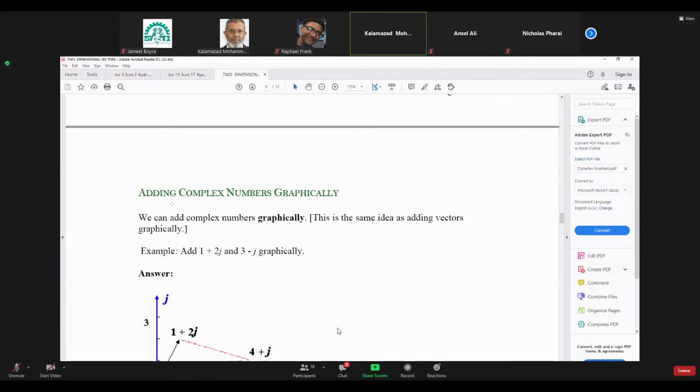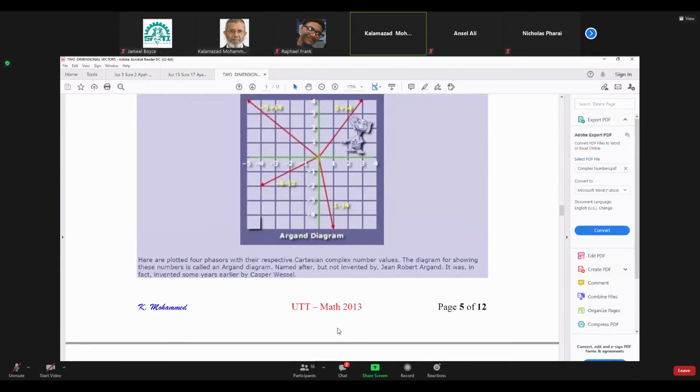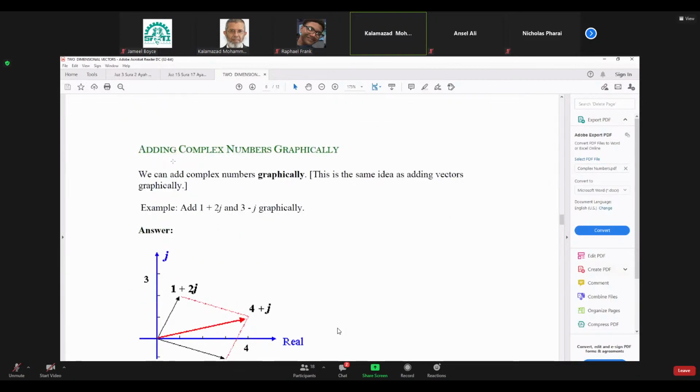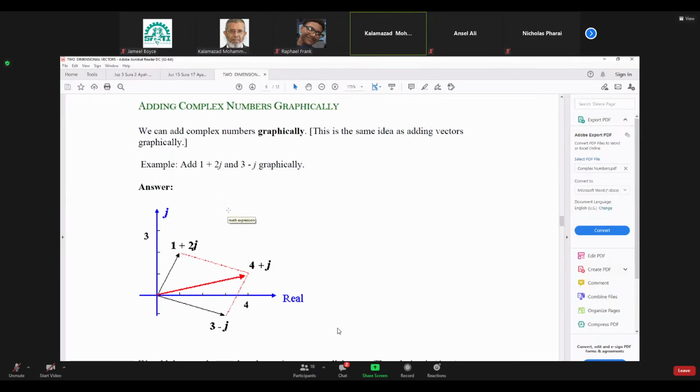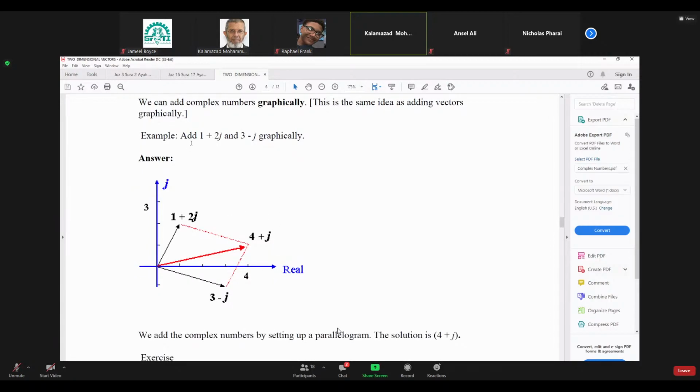And therefore, if you can represent it on an Argand diagram, we can then perform operations on them graphically, as we did with vectors. Okay? So again, to add complex numbers graphically, the idea would be to find the resultant. So adding 1 plus 2j and 3 minus j, graphically you have 1 plus 2j, and 3 minus j.